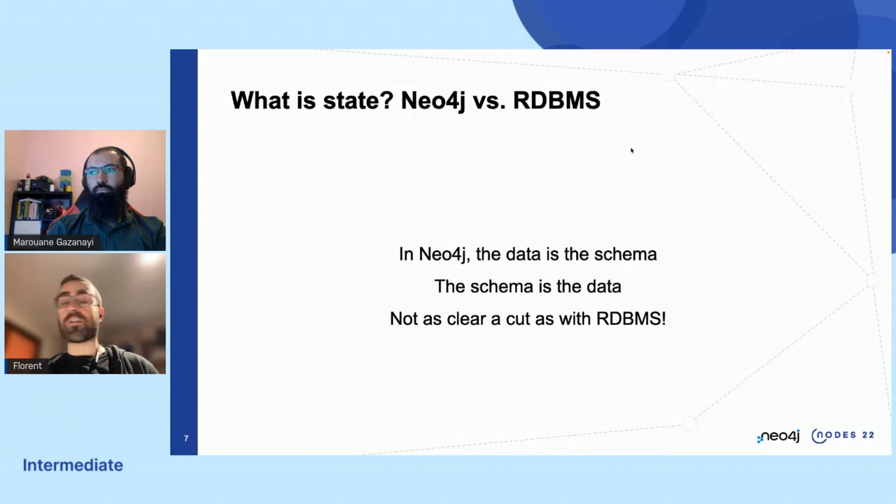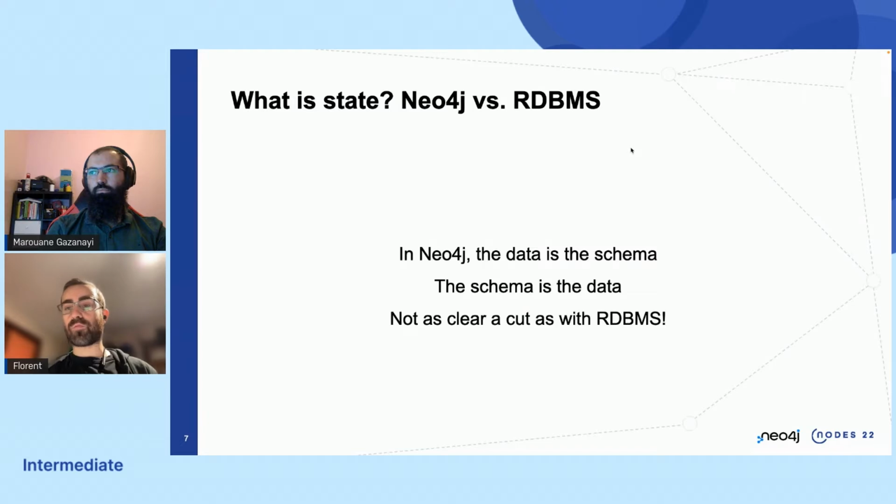Neo4j started as a schema-less database, now it is a schema optional database. And you can only infer the schema from what is stored in the database. So that's something a bit specific, which may have some implications on how Liquibase is used in those scenarios. But we can come back to this if more clarifications are needed on that topic. But that's something to keep in mind.